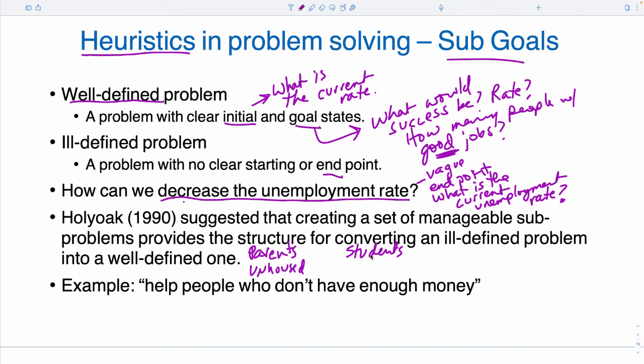So the idea is that instead of having this very large, unspecified problem, you break it down into smaller sub-problems.